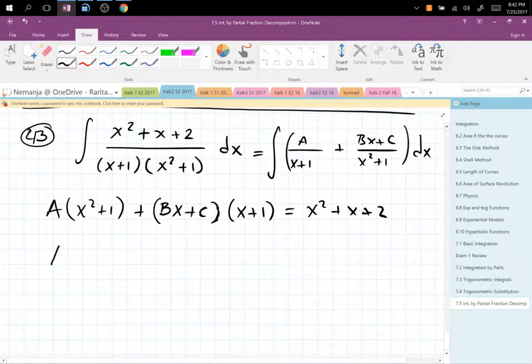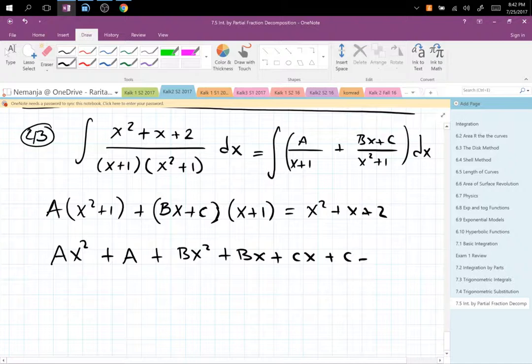So Ax squared plus A plus Bx squared plus Bx plus Cx plus C equals x squared plus x plus 2.